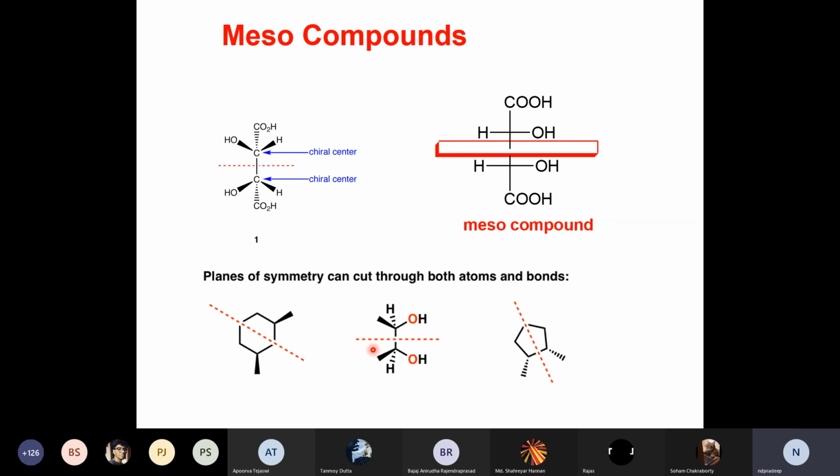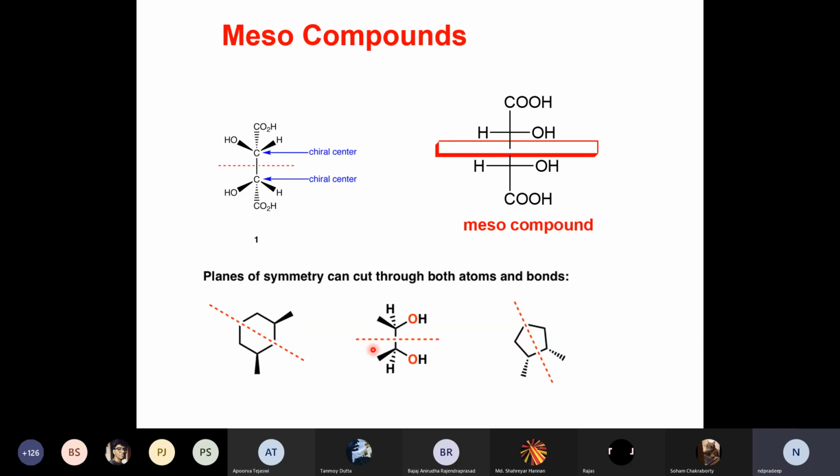Meso compounds are those with two chiral centers and a plane of symmetry. The plane of symmetry can pass through atoms, or it can also pass through bonds. Then we call it a meso compound, which I have already explained in the class.